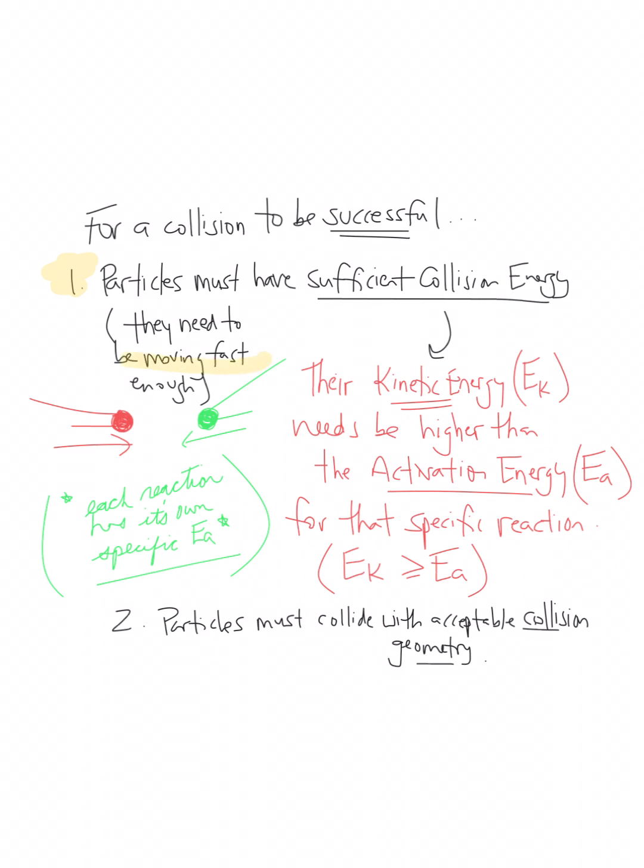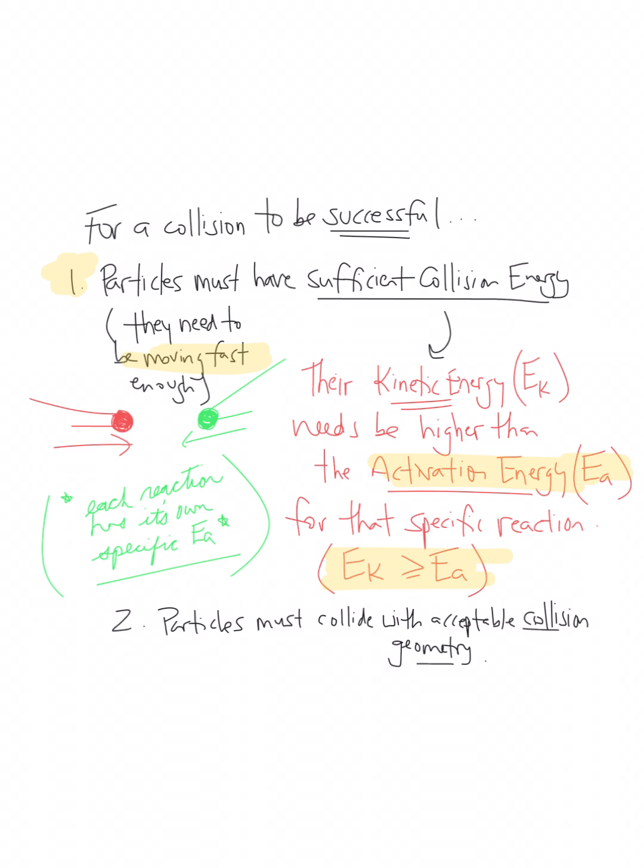They have to be moving fast enough, is what it means in everyday speak. Their kinetic energy needs to be higher than what we call the activation energy for that specific reaction. And so the minimum kinetic energy required is kinetic energy, or speed of particles hitting each other, which is greater than or equal to the activation energy for that specific reaction.